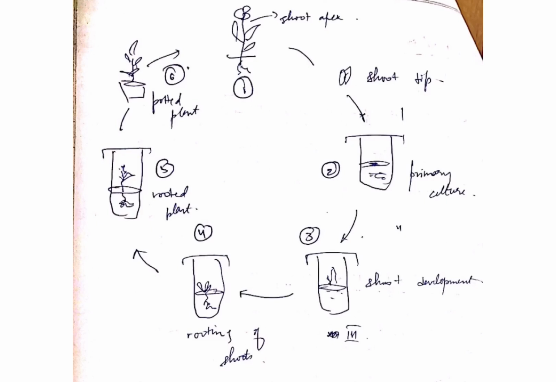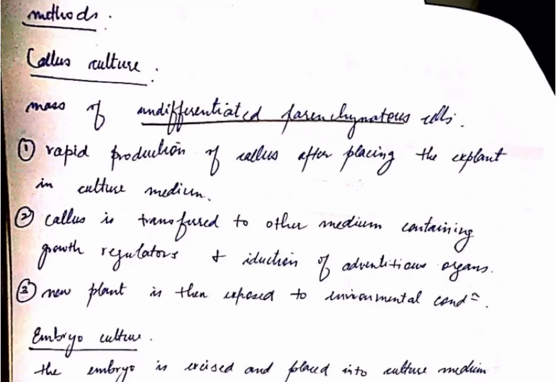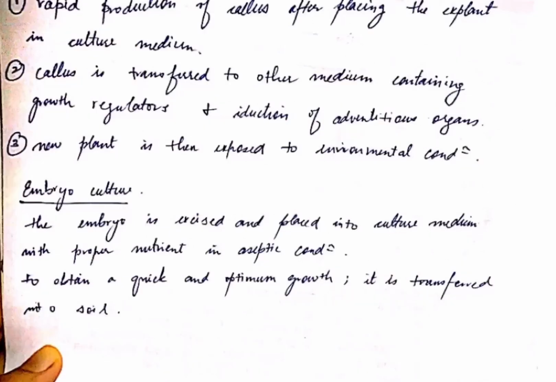Now we will study the various methods used for micropropagation, like meristem culture, callus culture, suspension culture, embryo culture, and protoplast culture. Callus culture means a mass of undifferentiated parenchymatous cells that leads to rapid production of callus after placing the explant in the culture medium, and then the new plant obtained is exposed to the environmental condition.